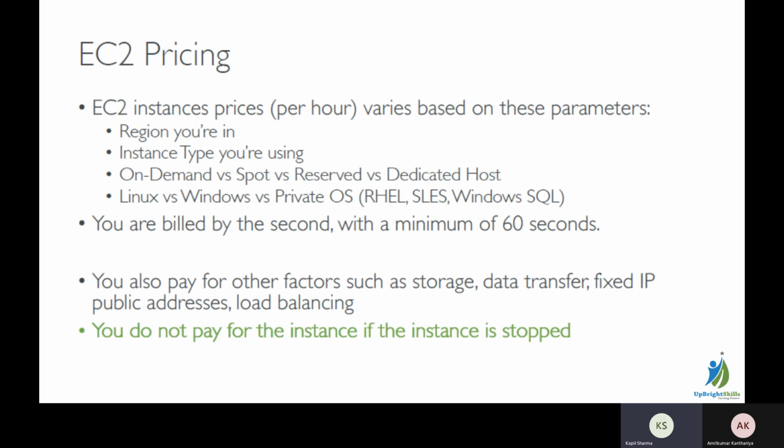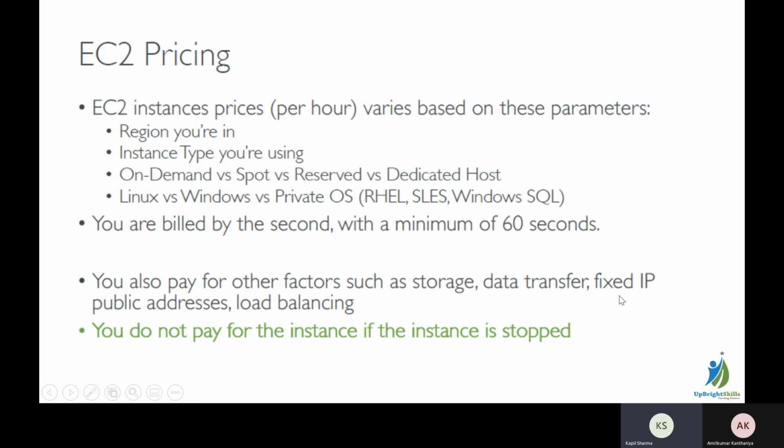Data transfer, for example an inter-region data transfer from one region to a different region, will be charged. I will show you an example in the AWS calculator, which is a great tool for analyzing cost. Whatever architecture you design, you can calculate its estimated cost based on the parameters you fill in.